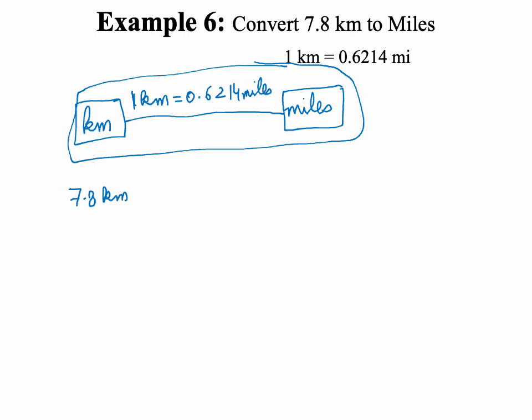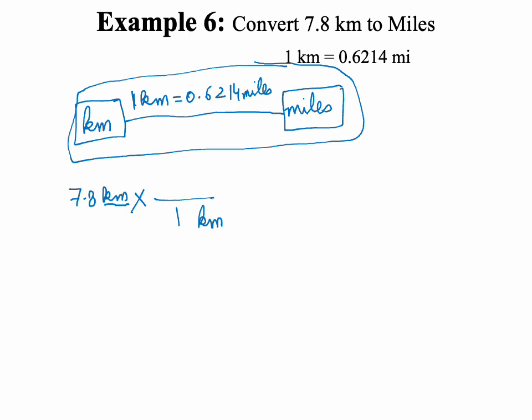Okay, first let's solve this. 7.8 kilometers is my starting point. Multiply it with a factor that comes from this fraction. One of these units and numbers needs to go in the denominator, one goes in the numerator. How do I decide? It depends on my starting unit. My starting unit is kilometers, so kilometer needs to be written right across from it, which gives you 1 kilometer right here.